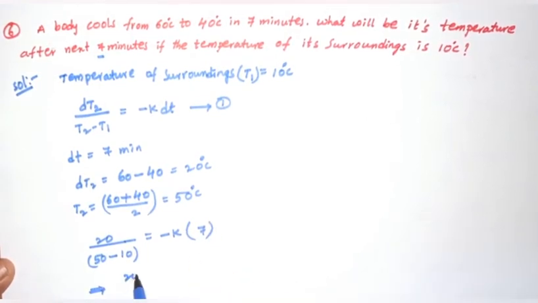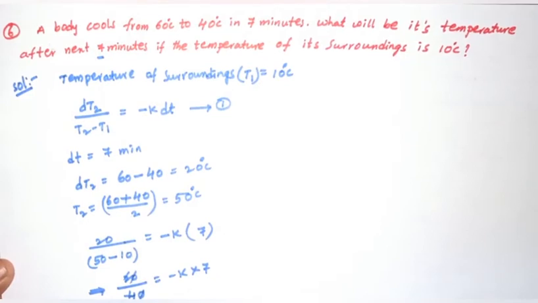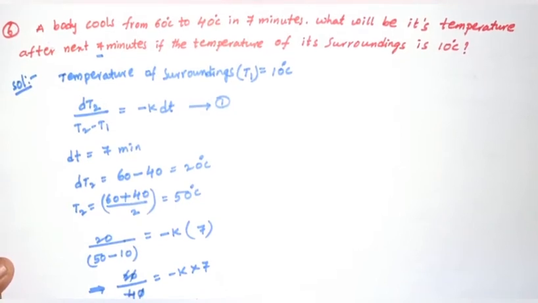So here 20 by 40 equals minus K into 7. The zeros get cancelled, and K equals minus 1 by 7 into 2, which is minus 1 by 14.